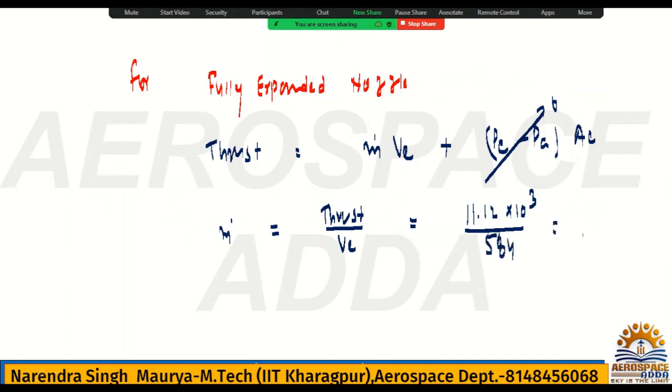Let me calculate. 11.12 into 10 power 3 divided by 584. Here it is 19.04 kg per second. This is the mass flow rate. And remember, because the nozzle is choked, this is the maximum mass flow rate.